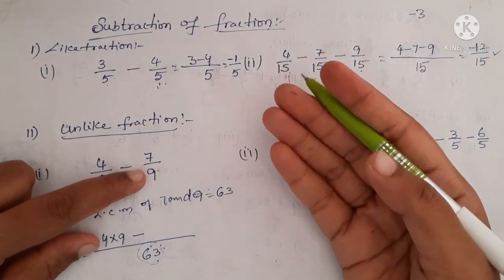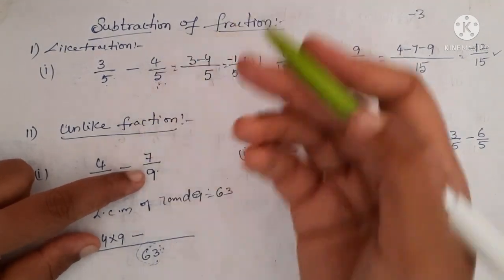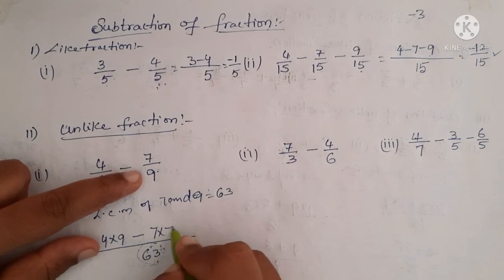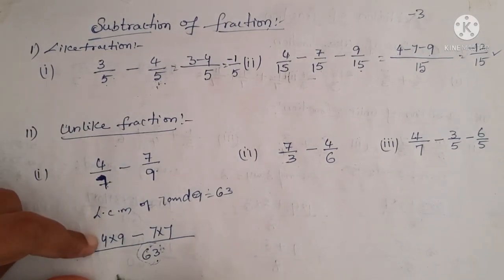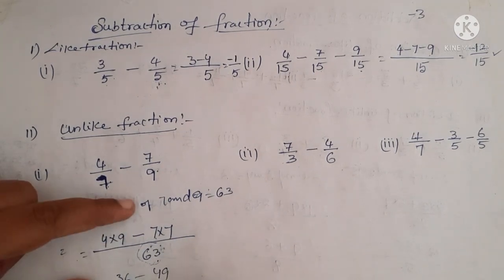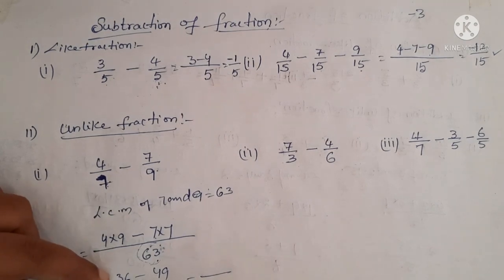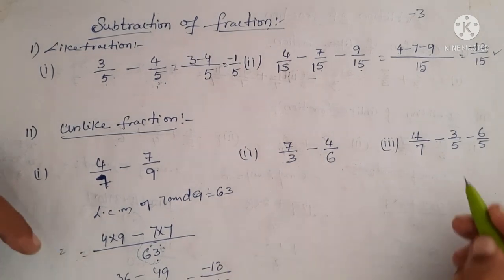So you will get 7. 7 is multiplied with the numerator, that is 7. So 7 into 7. So what is 4 into 9? 36. 7 into 7? 49 by 63. So now you know that 36 minus 49 is the minus 13 by 63.